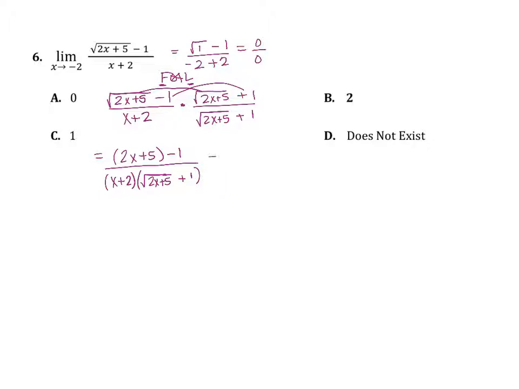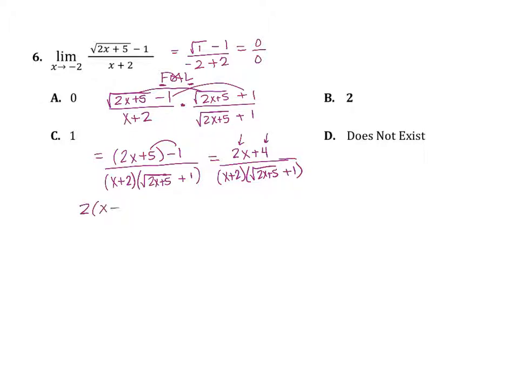So here, simplifying this down, we can combine our like terms. We have 2x plus 4 over x plus 2 times the square root of 2x plus 5 plus 1. And now it looks like nothing's going to cancel. However, we can factor out a GCF in the numerator. We can take out that 2.